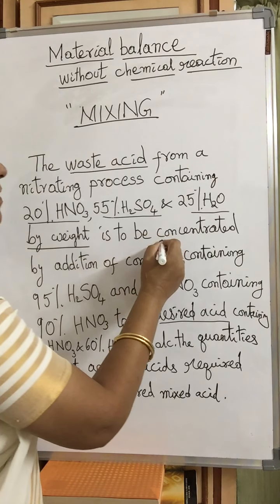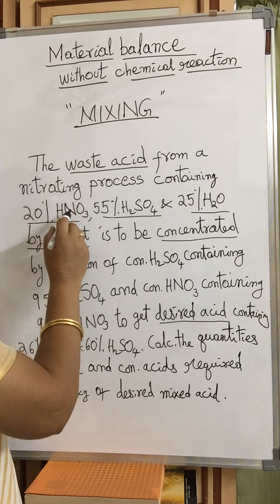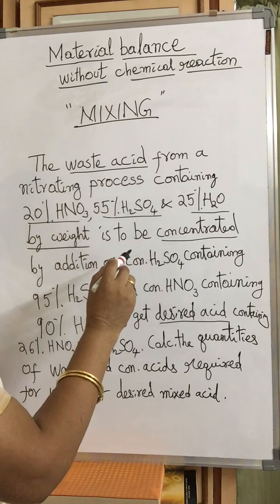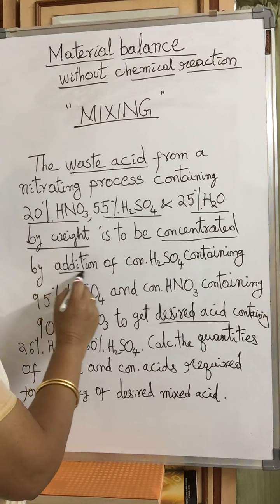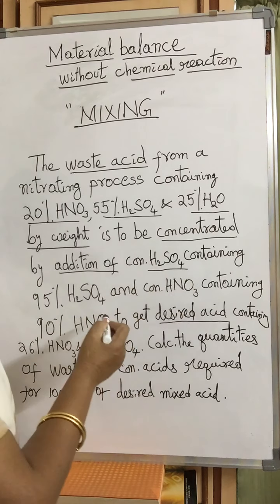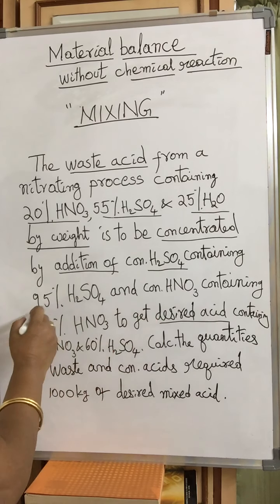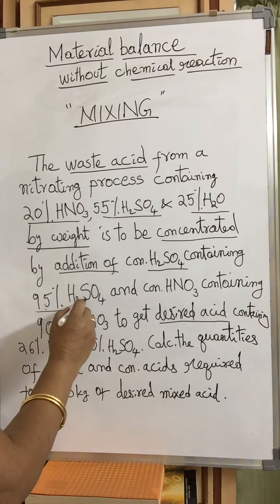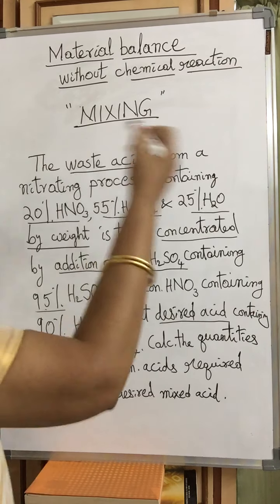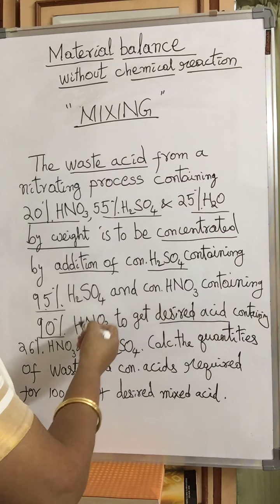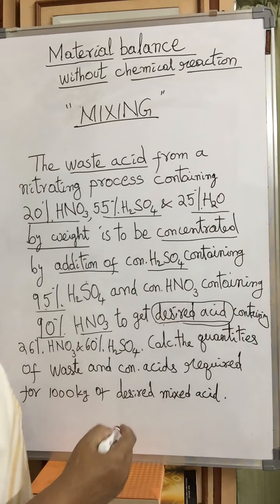Now this is to be concentrated, meaning it is necessary to increase the concentration of HNO3 and of H2SO4. How to increase the concentrations? By addition of pure H2SO4. Pure means roughly between 90 and 100%. So by adding 95% H2SO4 and 90% HNO3, the product acid we get after adding these concentrated acids, we are calling the desired acid.